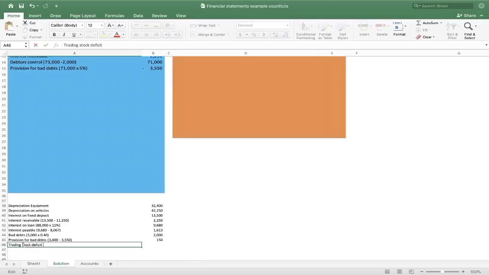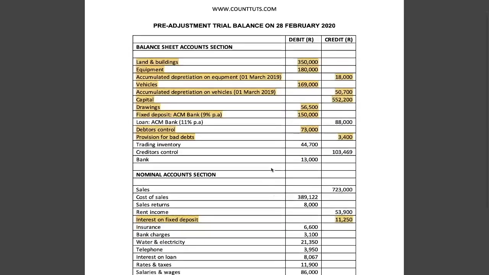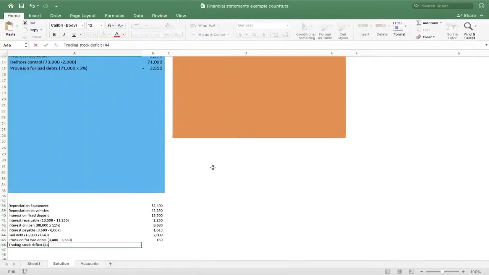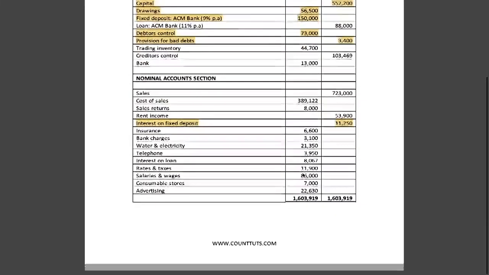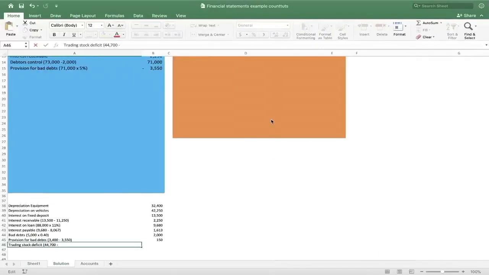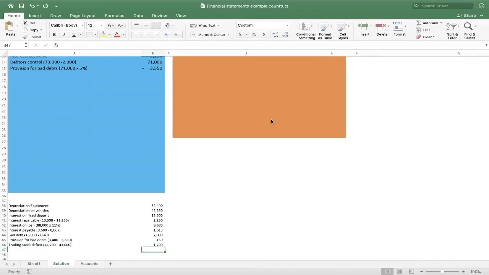And how much is it? Well, we're going to take the one in the pre-adjustment trial balance of 44,700 Rand, minus the one which is in additional information, which is the 43,000 Rand, and then it gives us a trading stock deficit of 1,700 Rand. That means we are short with inventory of 1,700 Rand because in our books we thought it was more than it actually was.